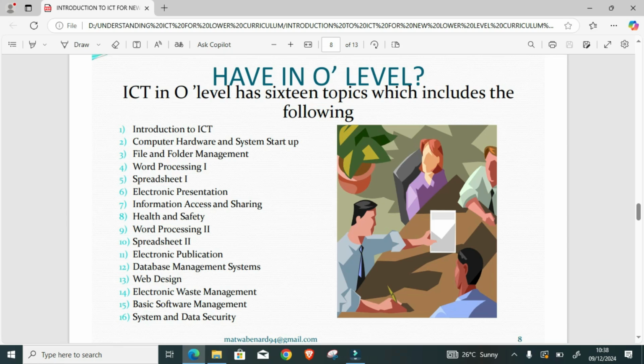Web design is the first topic of senior 4. I'm going to make some video of it also. Electronic waste management, basic software management, system and data security. So those are the 16 topics that are meant to be covered in O level.